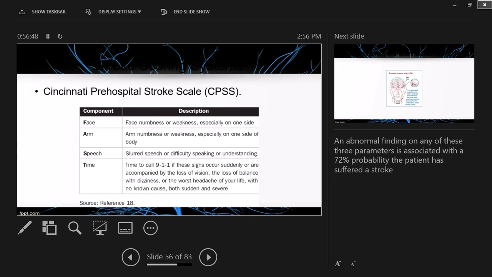In assessing the facial droop, what you want to ask your patient to do is to smile as big and as exaggerated as they possibly can. That might reveal a facial droop when just looking at them from a flat affect, you don't see anything.